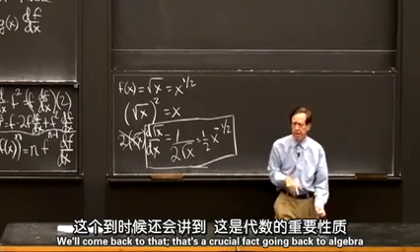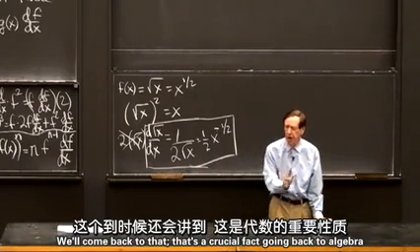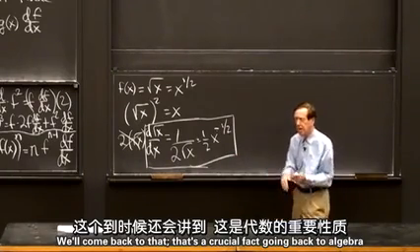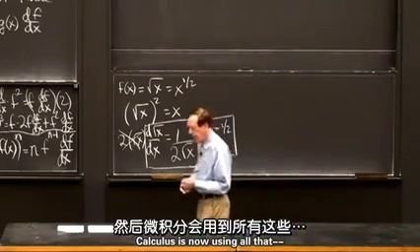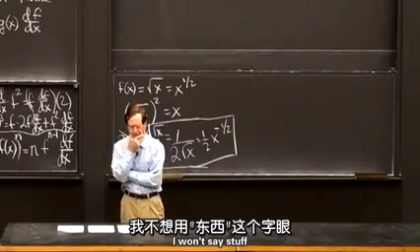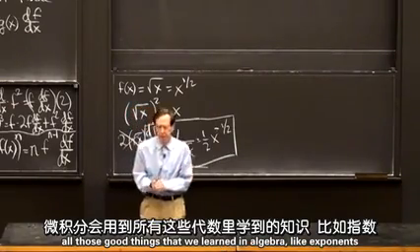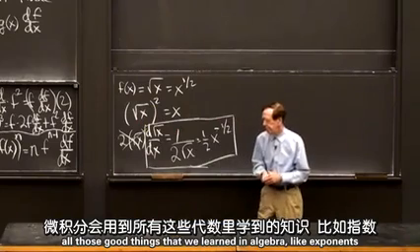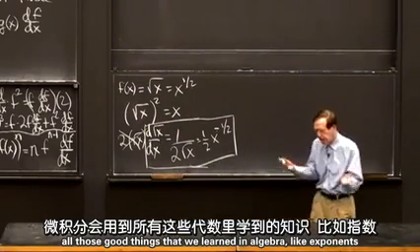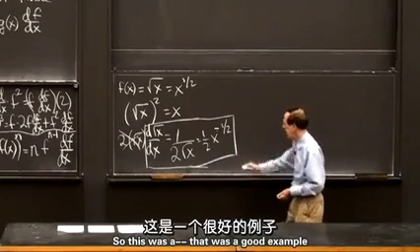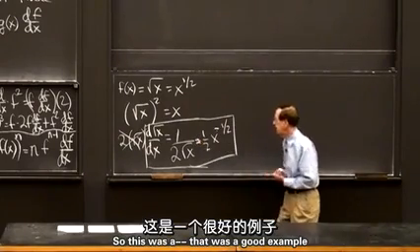We'll come back to that. That's a crucial fact, going back to algebra. But calculus is now using all those good things that we learned in algebra, like exponents. So that was a good example.